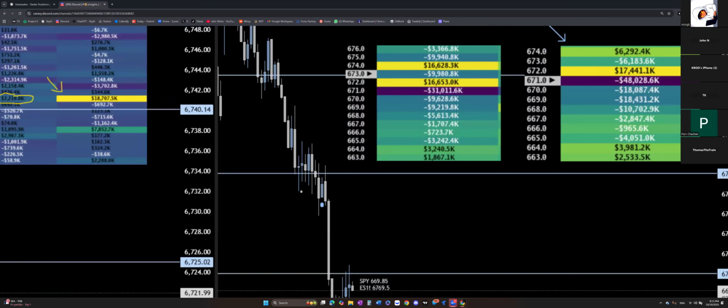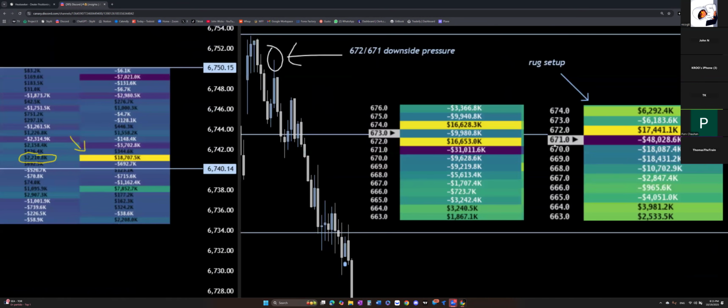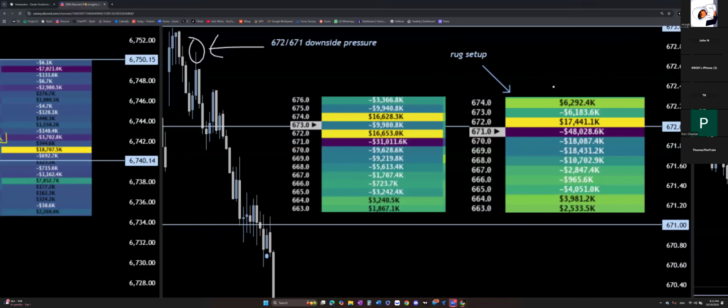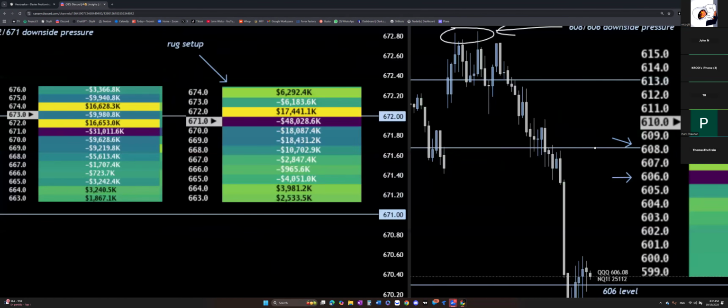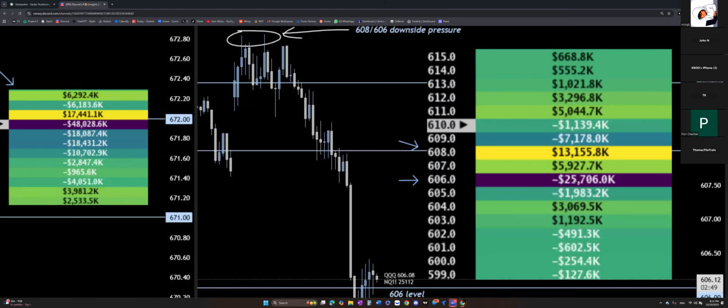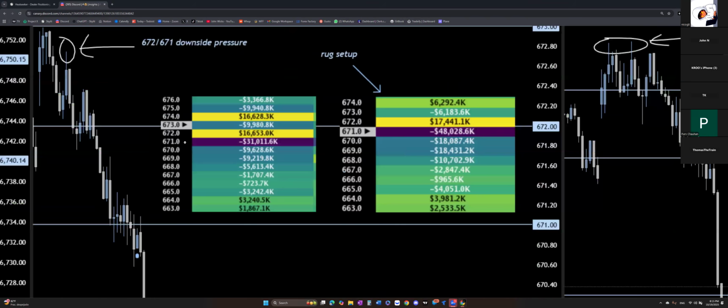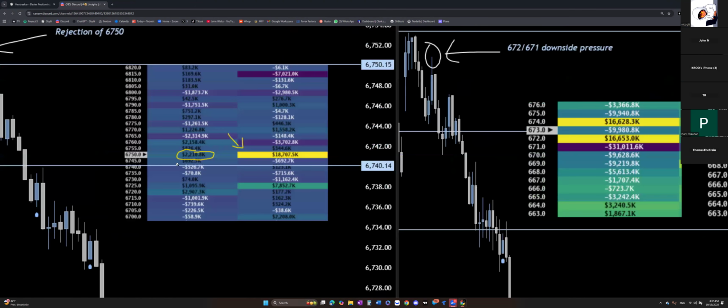Even if you lowballed the bid here, maybe you could have caught like 20%, but I wouldn't recommend it because this is a very characteristic rug setup. I see this and I'm immediately thinking bearish because there's no floor. And especially if you make inferences based on the fact that QQQ is pointing down and SPX was slightly pointing down as well, the inference is bearish.